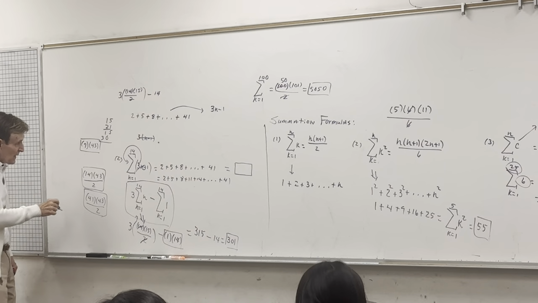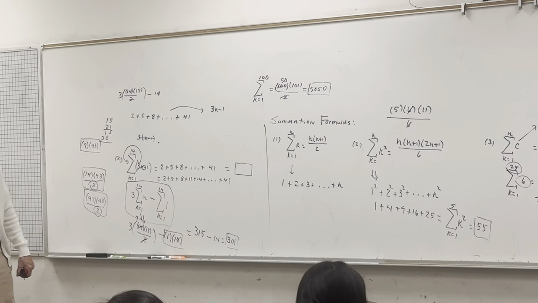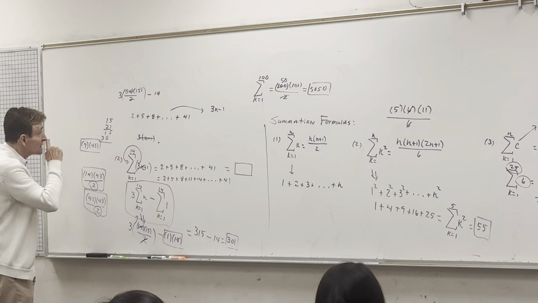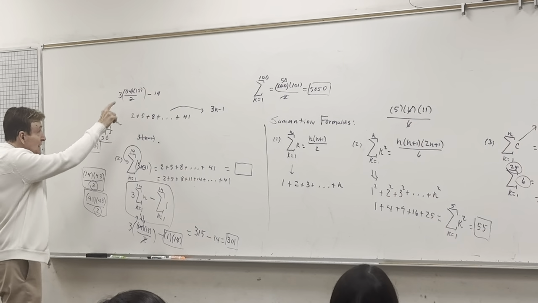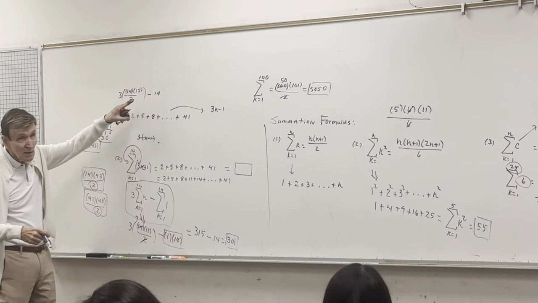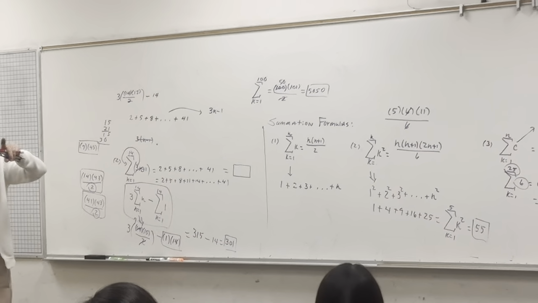Looks like the most common answer I got from you guys was all over 2, wasn't it? We put all this over 2. Help me out here. What's 14 times 15? That'd be 100? How much? 210?